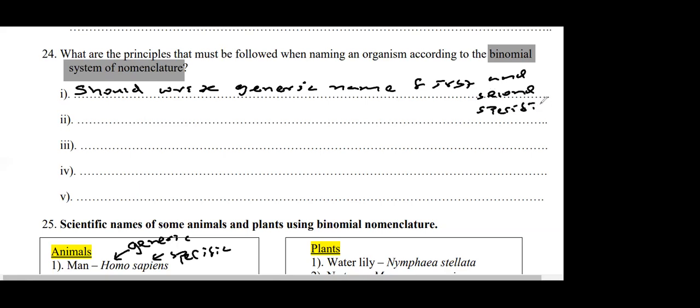Example, Homo generic name and sapiens specific name. It should consist of two words, two proper nouns, generic and specific name respectively.